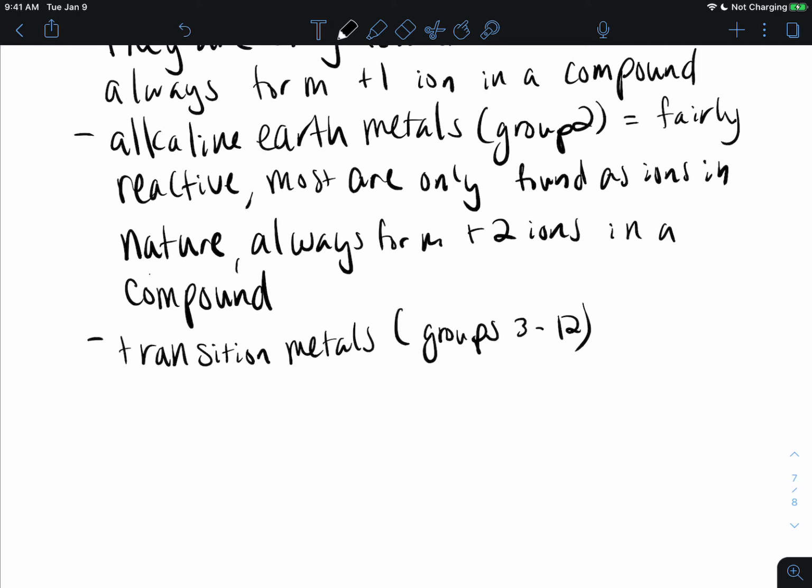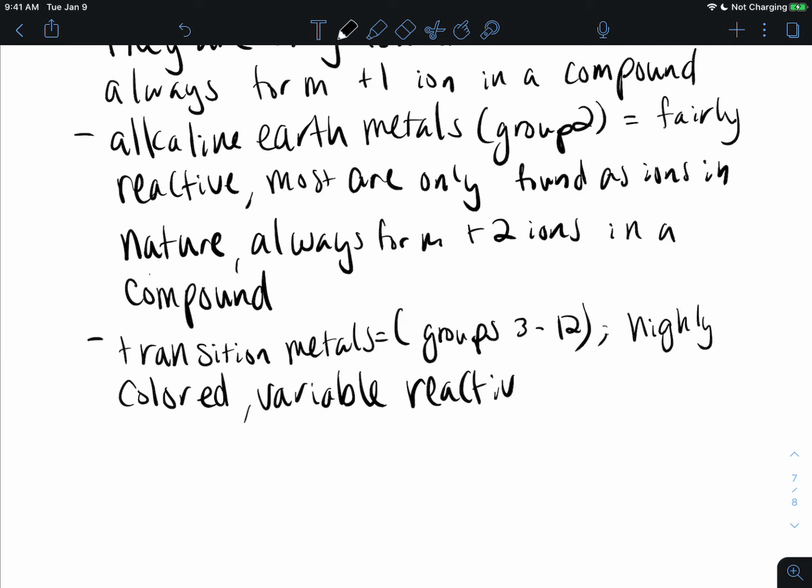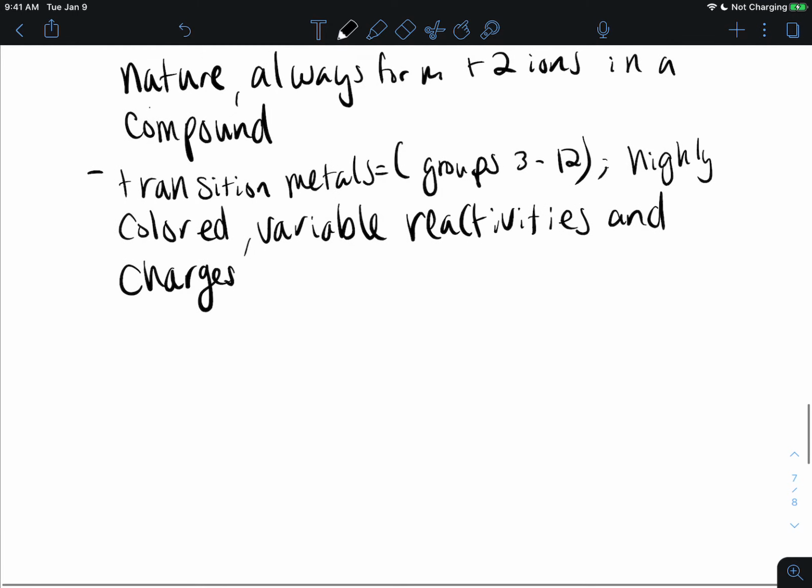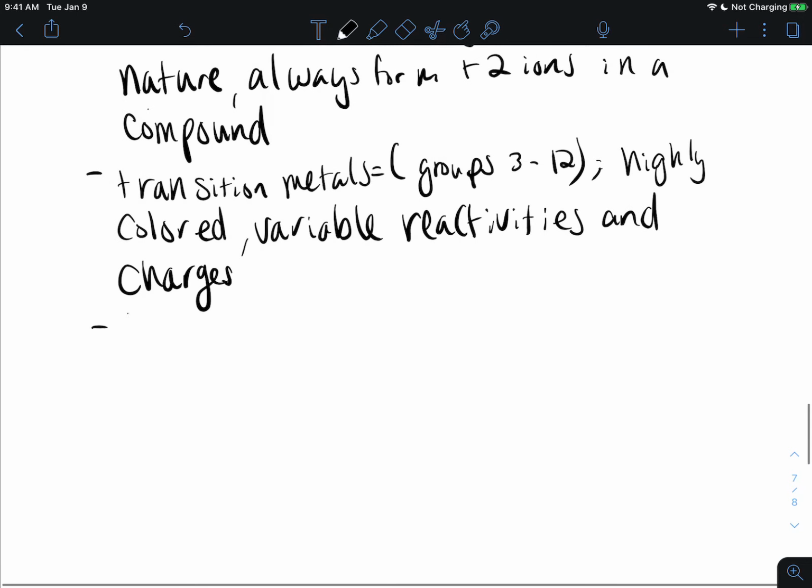So they're going to be highly colored, but they're going to be variable in their reactivities and charges. Okay. Next are our lanthanides.